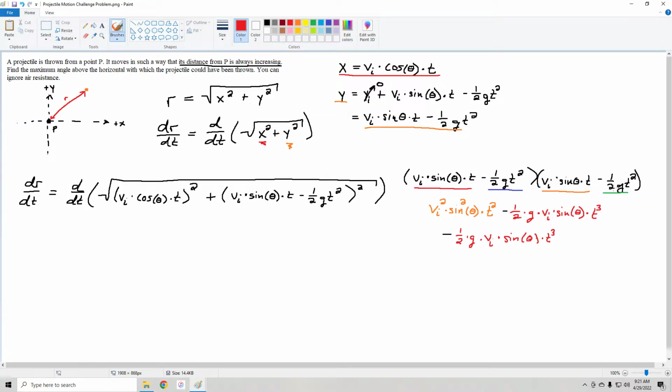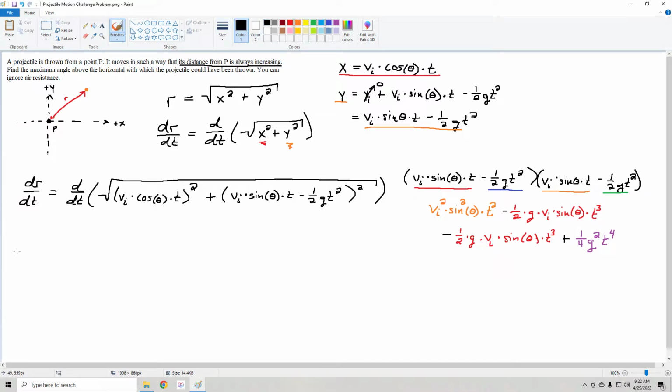And then for the final piece, we're taking the blue underlined quantity multiplied by the green underlined quantity, and perhaps I'll report that in purple, which is pretty easy. That's just 1/4 g squared t to the 4th. So everything over here is what y squared is.